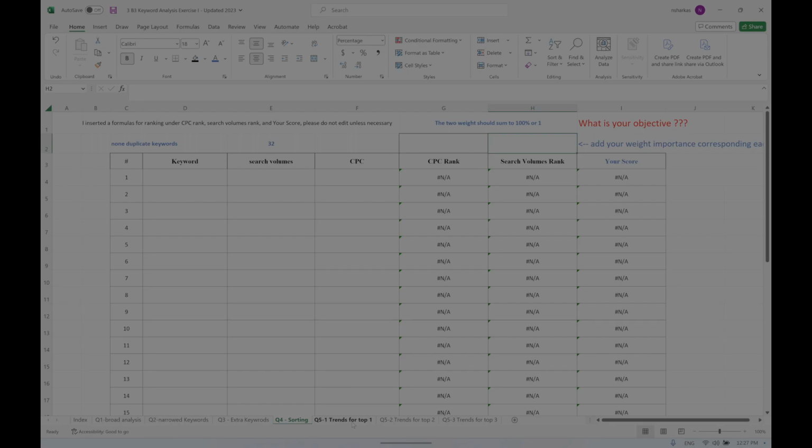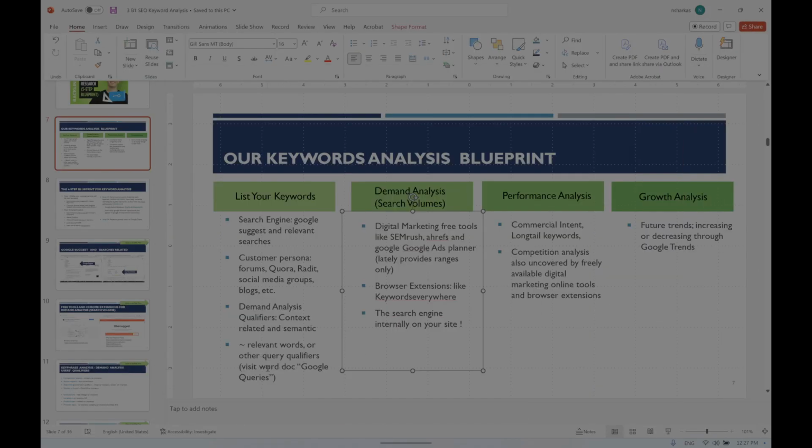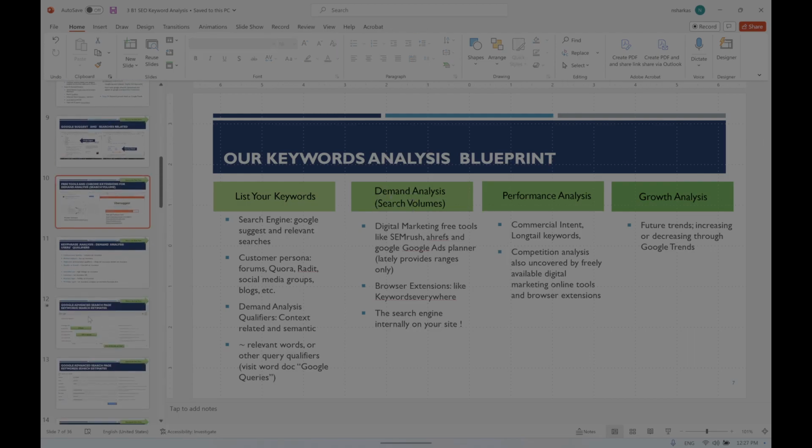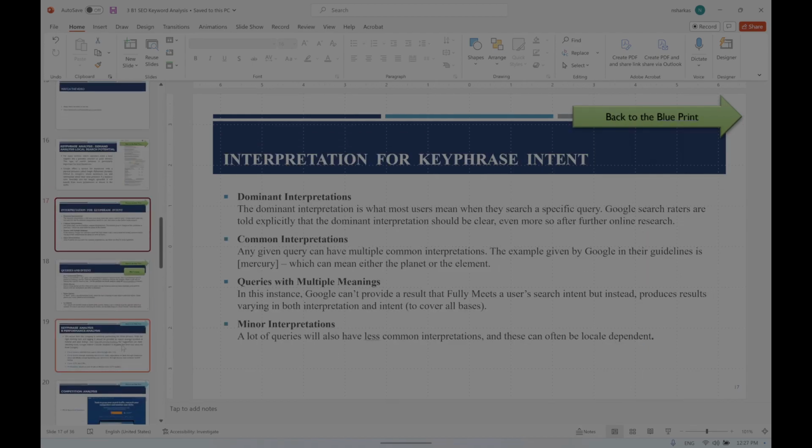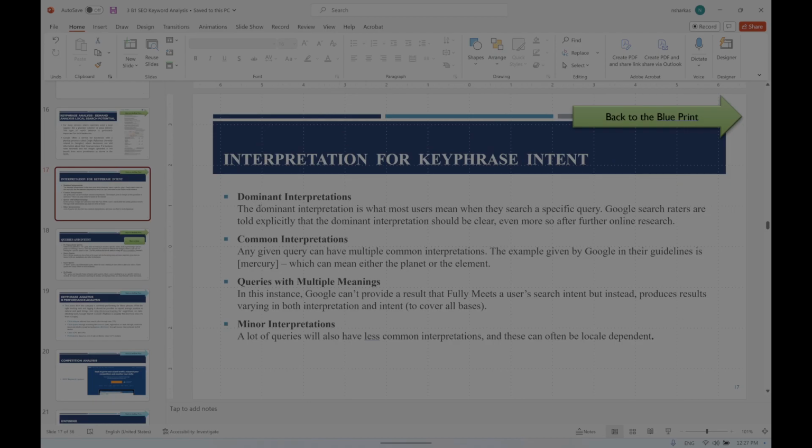Okay, and once you're done with this, with the rest of the students, then comes the Google Trends part, and we're going to talk about this in due course. So for now, let's go back and see the set of slides that talks about key phrase analysis for demand analysis.